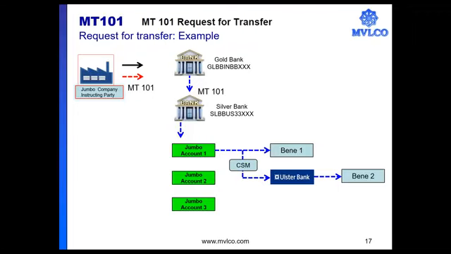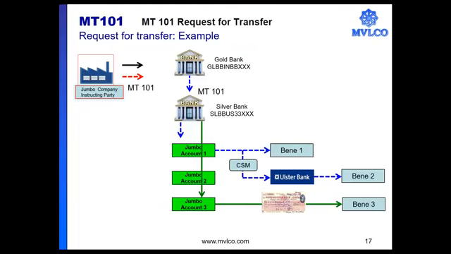In this example, beneficiary 1 is the customer of Silver Bank itself, therefore there is no CSM involved, it's going to be a book transfer, and beneficiary 2 is not a customer of Silver Bank, therefore we are using the clearing and settlement service. The other mechanism could be Silver Bank is told by Jumbo to send a check to beneficiary 3. Now all these 3 payment instructions can come in a single message.